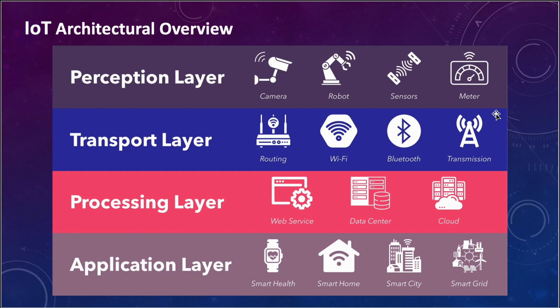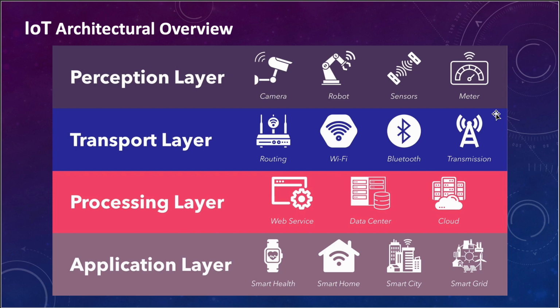And then finally, the application layer. The application layer, of course, is the layer that is there to interact with the human itself, or where the hardware devices are communicating with the user, right?